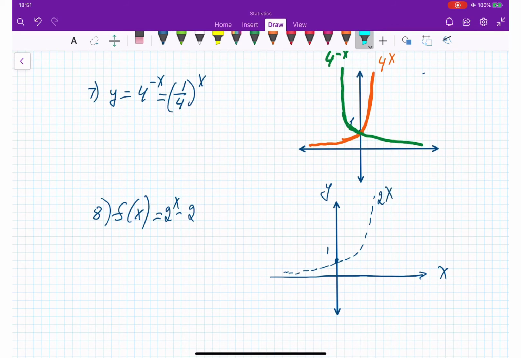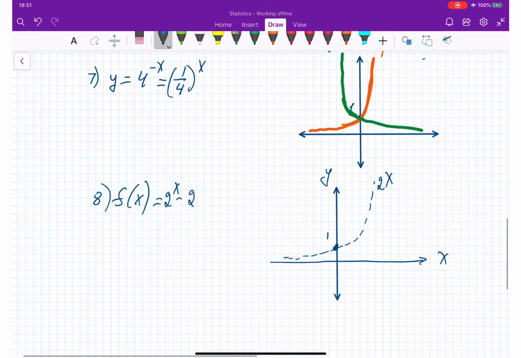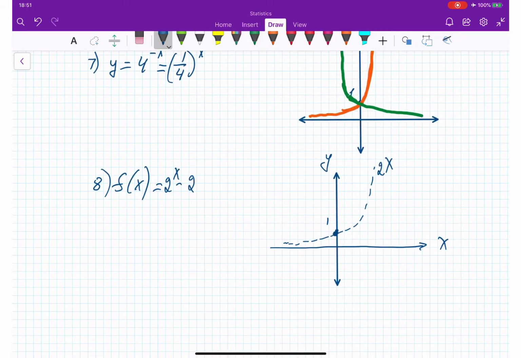Now, this negative 2, that's a change of y, okay? Which means I'm taking the entire graph and moving down by 2. So since here we have 1, minus 2, it's going to be negative 1, yes? So this will be negative 1. So x is moving here, and the graph will come down by 2.